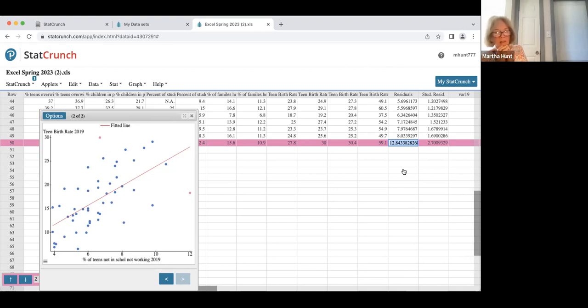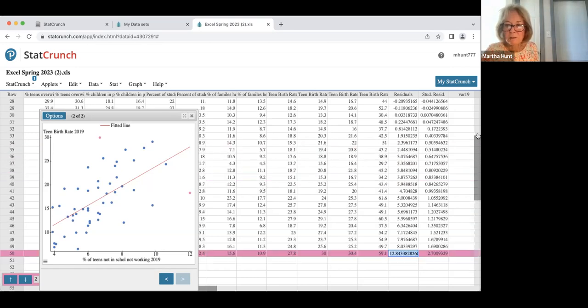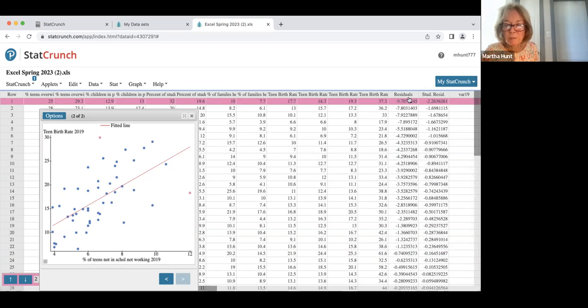I gave you lots of food for thought on the demo printout. Okay, so you've got to explain the residual.